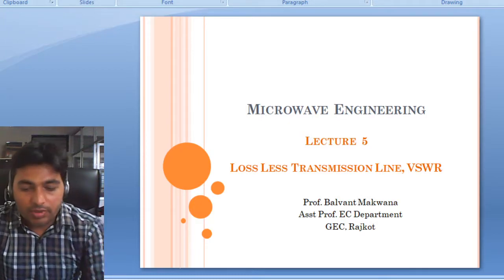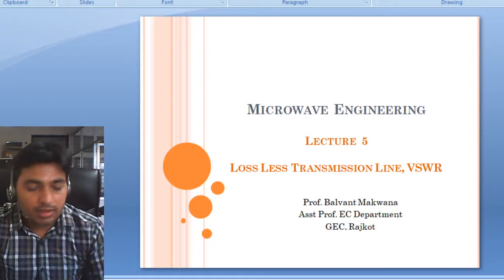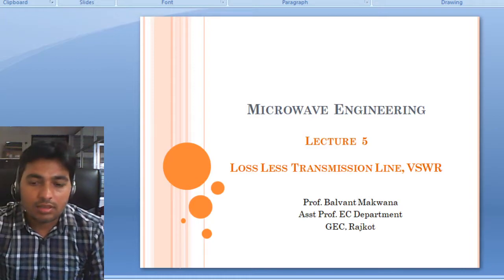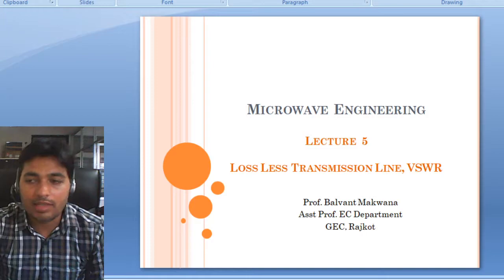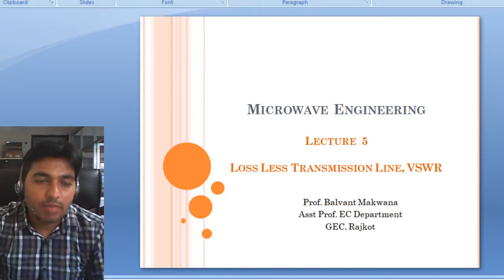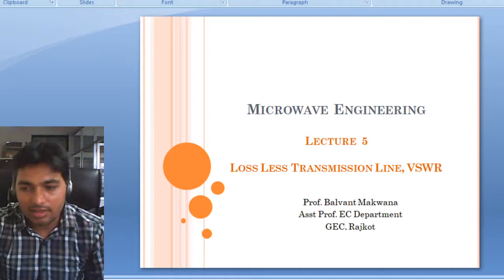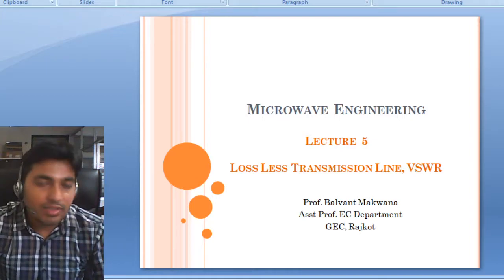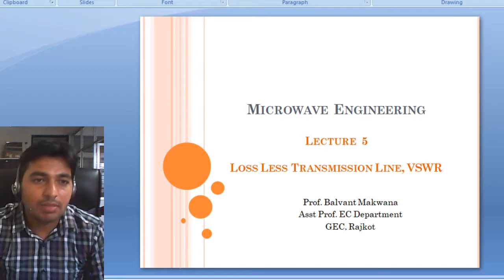Before this lecture, in lecture number 4, we have seen the different parameters, like the characteristic impedance of a line, which is the square root of R plus j omega L divided by G plus j omega C. Then we derived the voltage and current equations based on these parameters, that is, based on reflection coefficient, and we have the relation that the reflection coefficient is equal to ZL minus Z0 divided by ZL plus Z0.